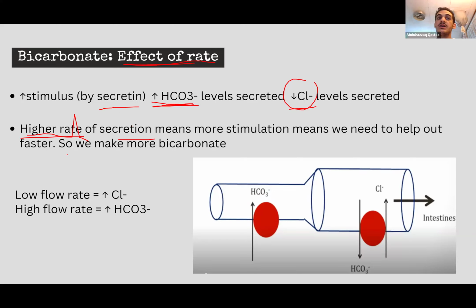But in case of low rate of secretion, the opposite will happen. The chloride will go up and the bicarbonate will go down because there is no food, so there is no secretin, so there is no bicarbonate secretion, and thus there is no anionic exchanging. Just memorize this: low flow rate will have more chloride and high flow rate more bicarbonate. Simply, low secretin or high secretin. You can remember it by this.